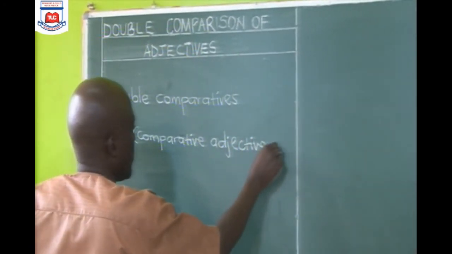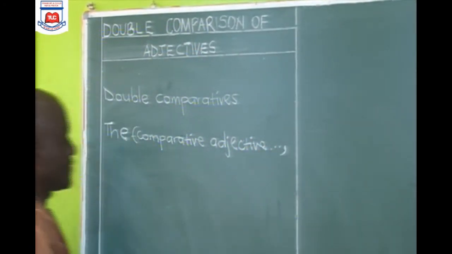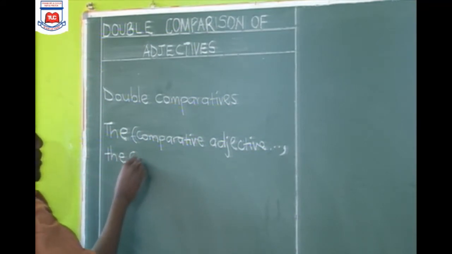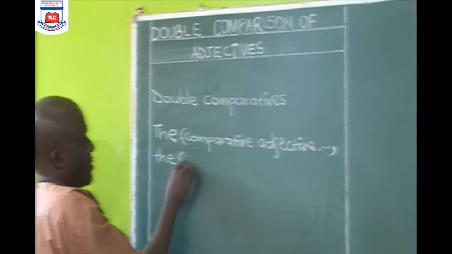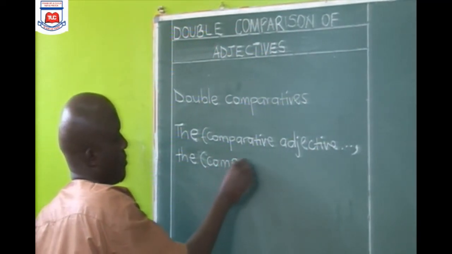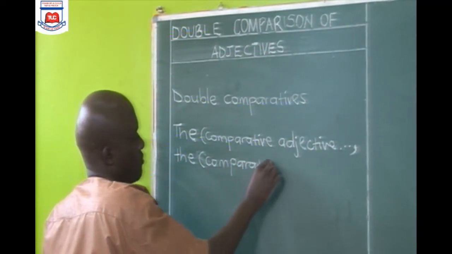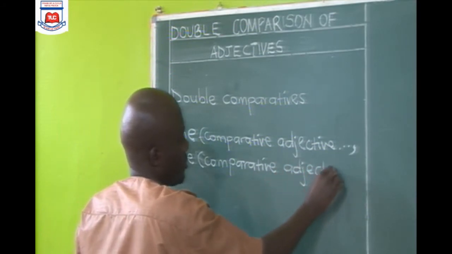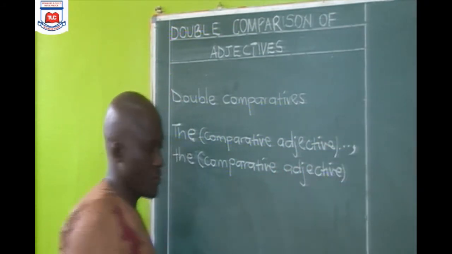Then we put a comma, then we have the second "the," and then a comparative degree again, then again another comparative adjective.